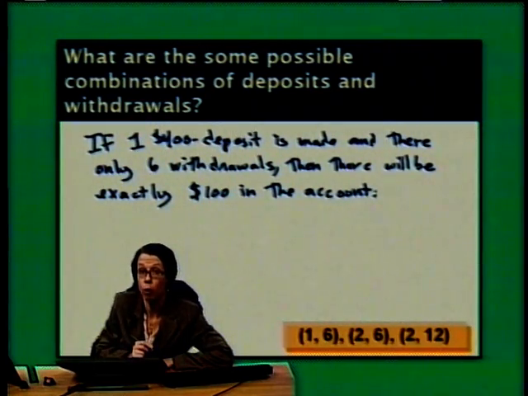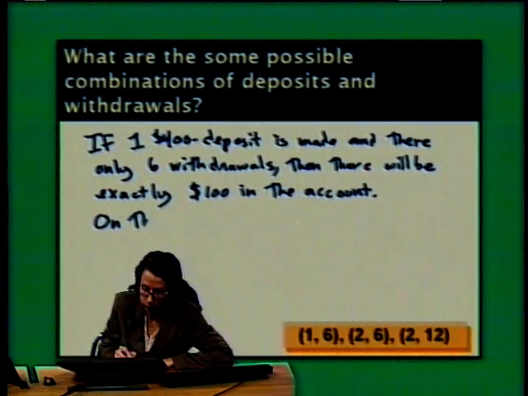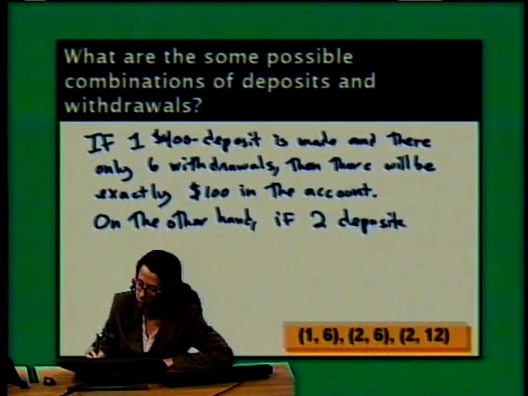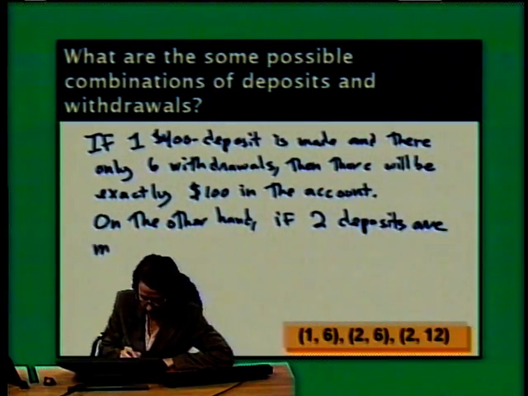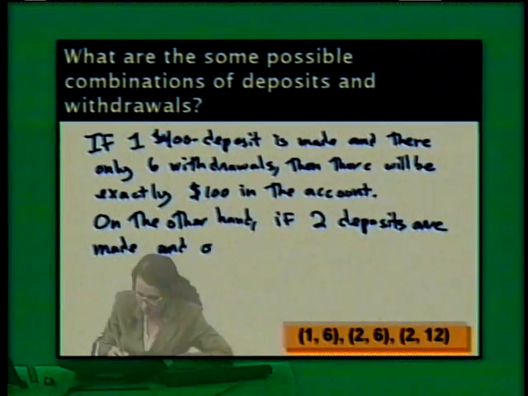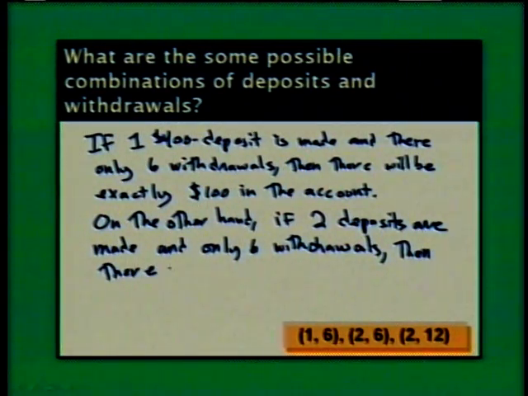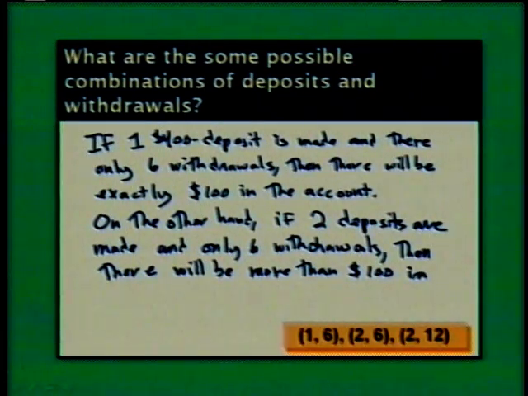On the other hand, if we want more money in the account, the point (2, 6) tells us if 2 deposits are made, and only 6 withdrawals, then there will be more than $100 in the account.